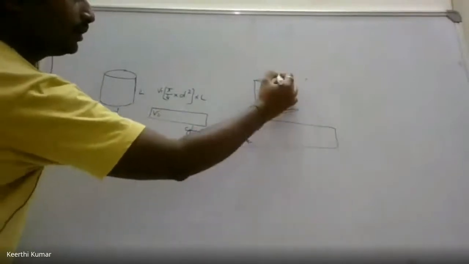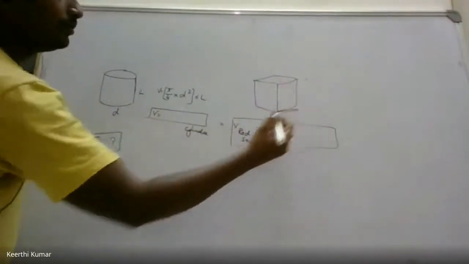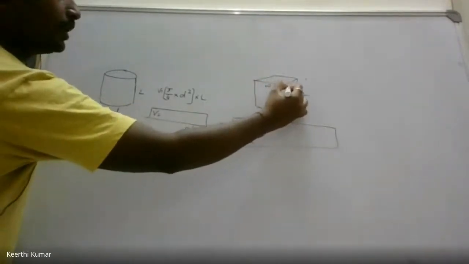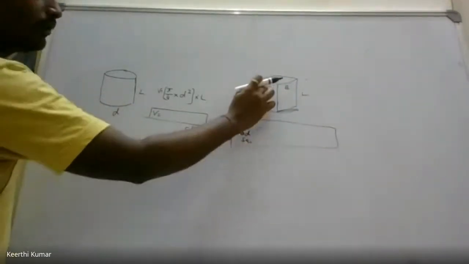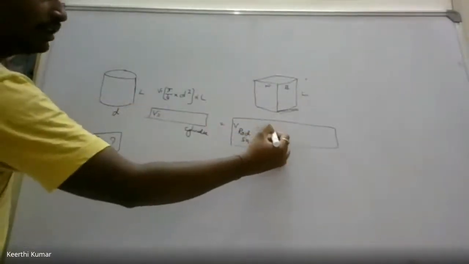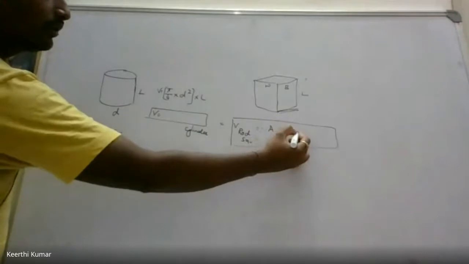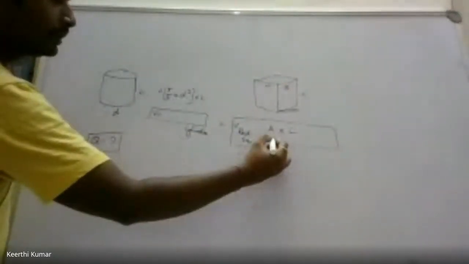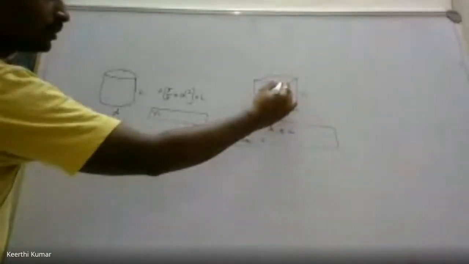Can anybody tell? This is L as usual, this is width and this is breadth. He told it is a square rod, therefore W is equal to breadth. So here also area into length is the formula. What is the area? Area will be B into L.